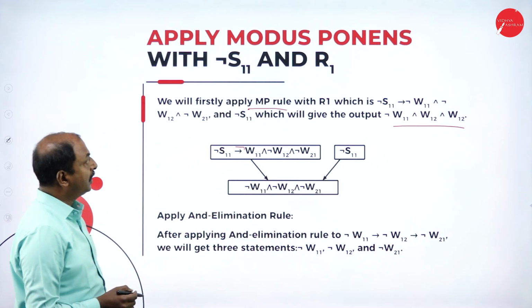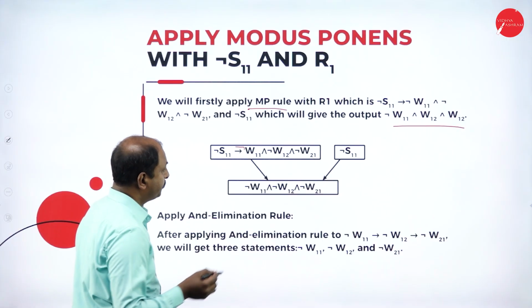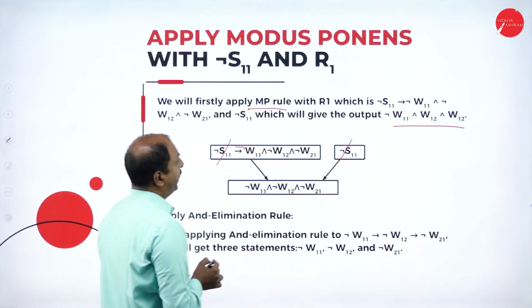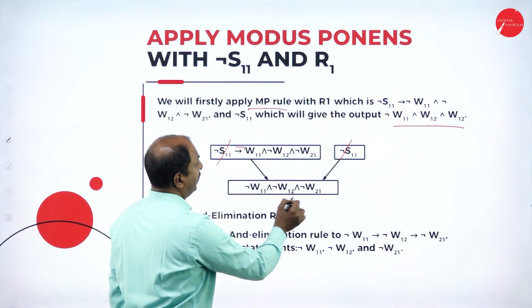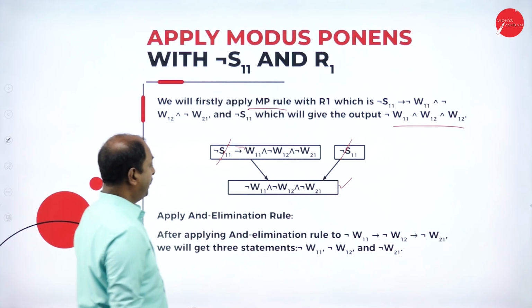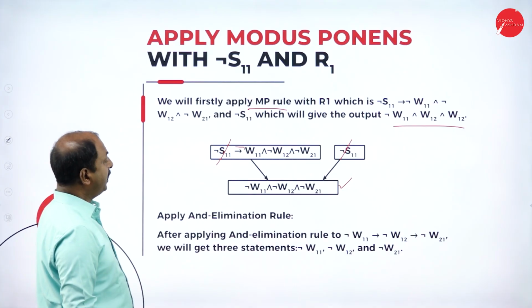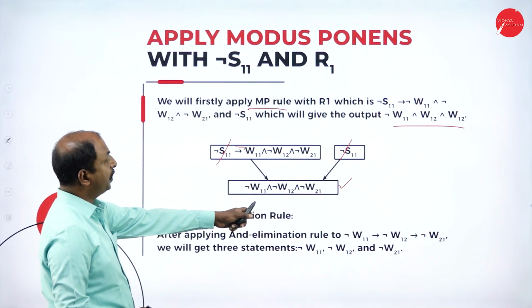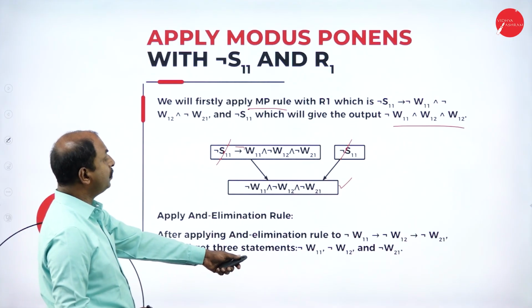If you apply this modus ponens rule to this, we are going to eliminate these variables. We are left with only these 3 variables, these 3 conditions. Now again we have to apply an elimination rule to this.